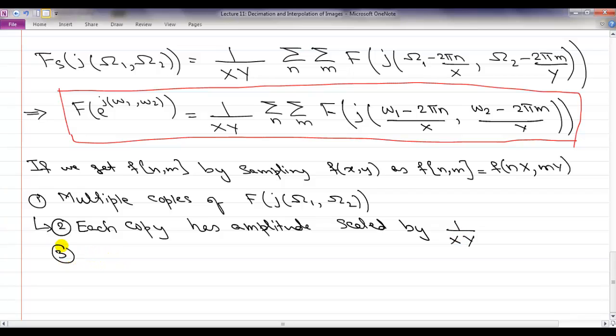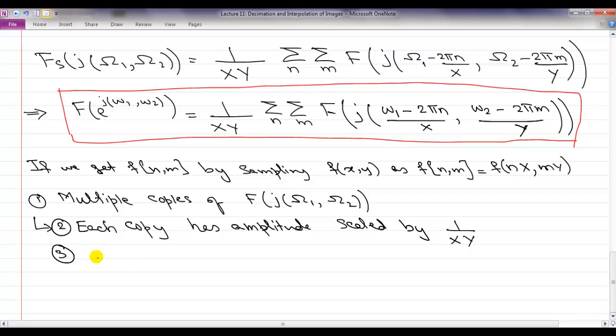Further, each copy is scaled in amplitude, so that is reflected through this 1 over xy factor. So we have taken care of what the summation means. We have multiple copies. 1 over xy means we have amplitude scaled by 1 over xy. This whole division by x in the first variable and this whole division by y in the second variable means we have scaling of the frequency axis.